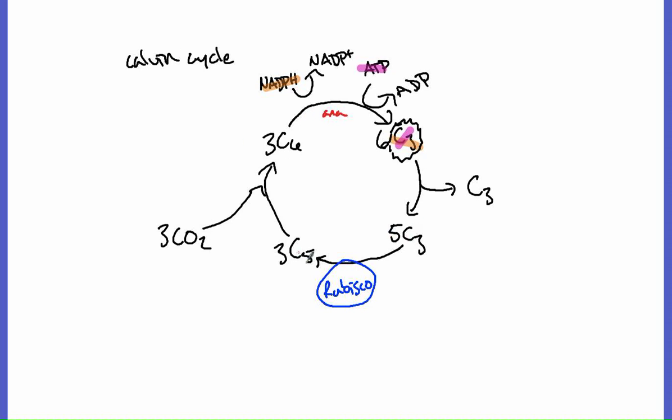This 3 to 5 is actually kind of catabolic because this is a really high energy 3-carbon molecule. So in order to change it into these 5-carbon molecules, to take those carbons and rearrange them, I have to lose energy.